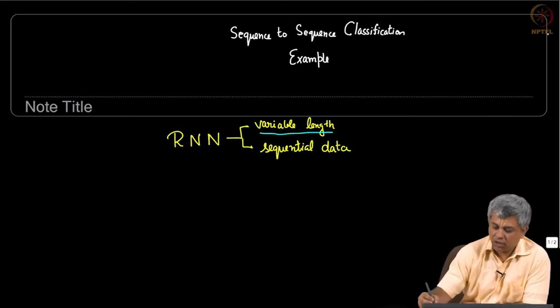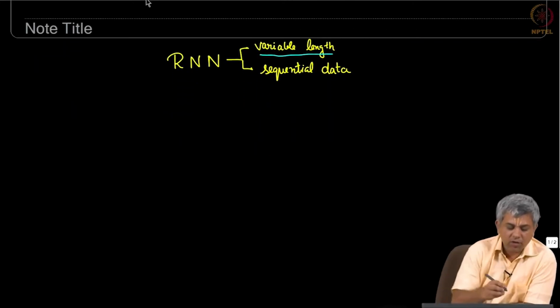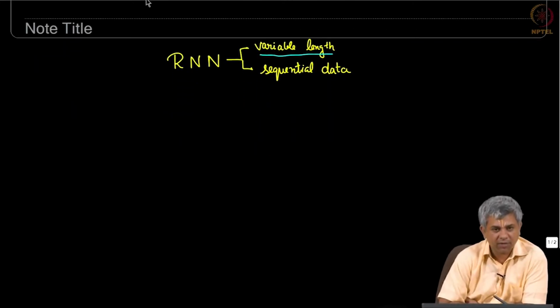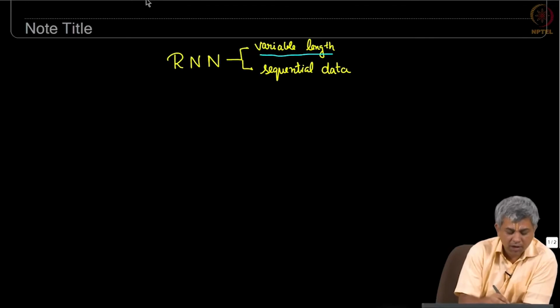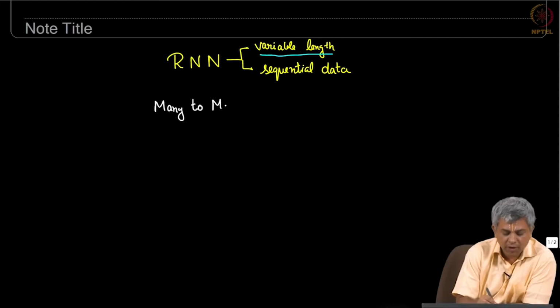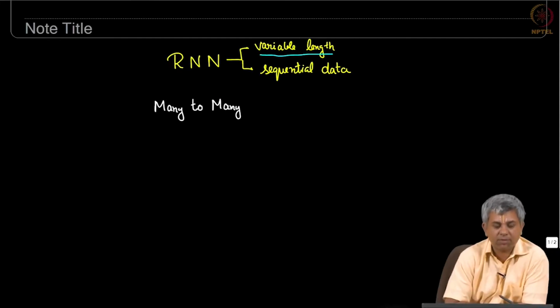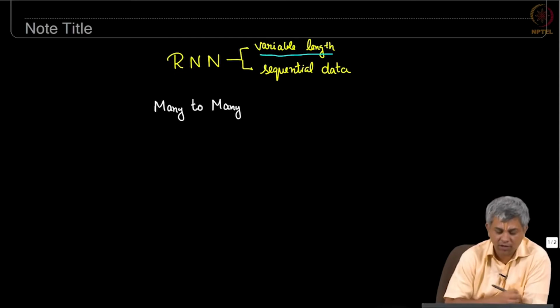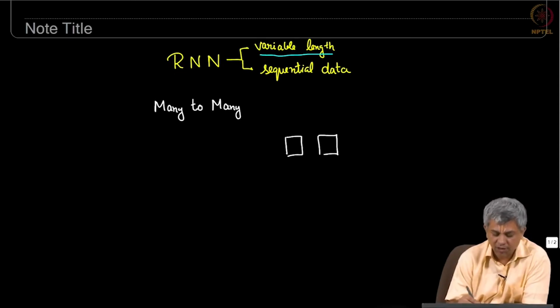Now, when we were looking at RNNs, we looked at various classifications. These classifications are not really official classifications, but they are given by a very good researcher, Andrej Karpathy, and what we are going to look at in this example is a many to many classification. Recall that in a many to many classification, there were two subsections that we looked at.